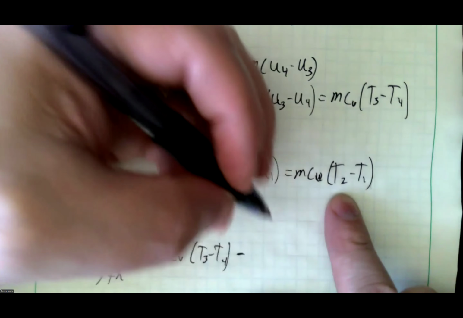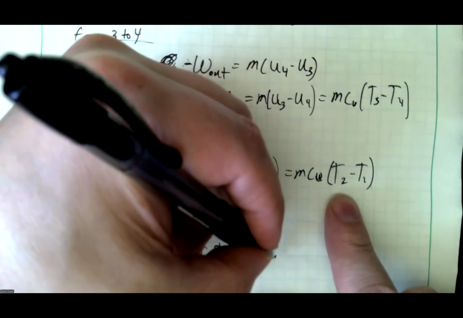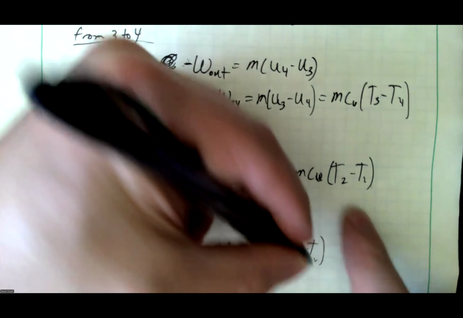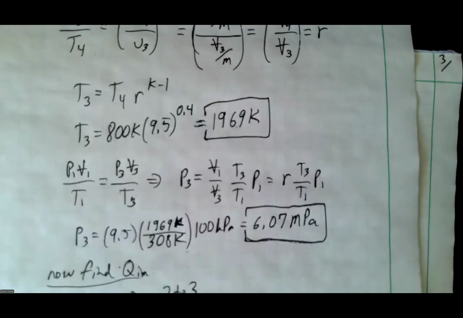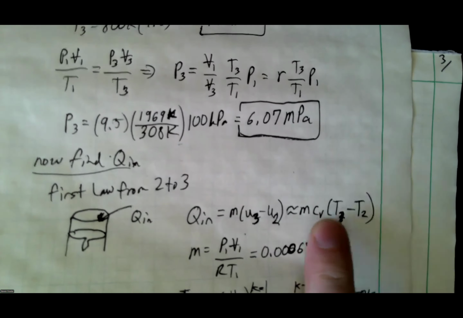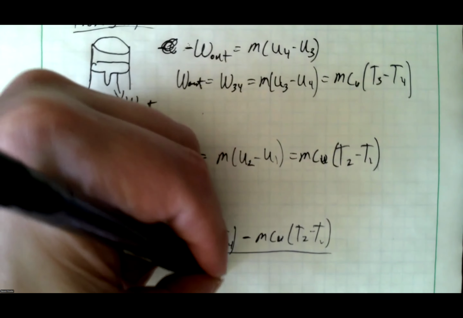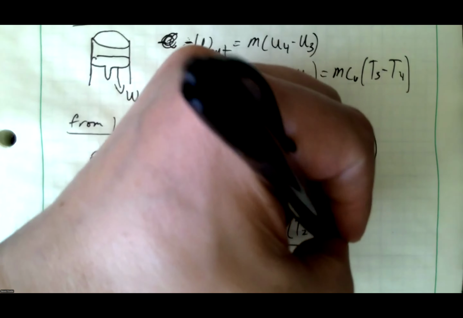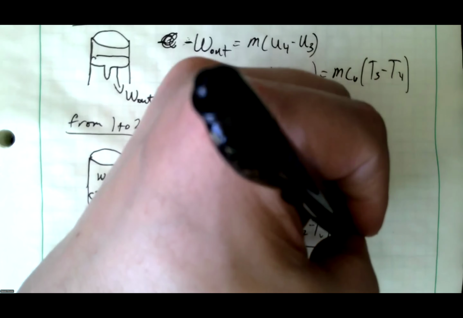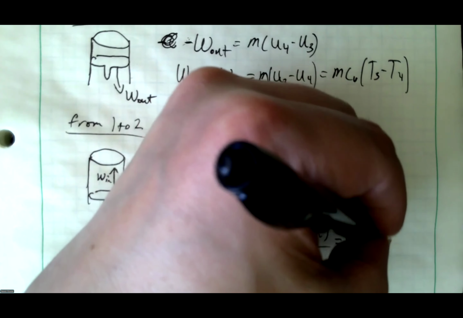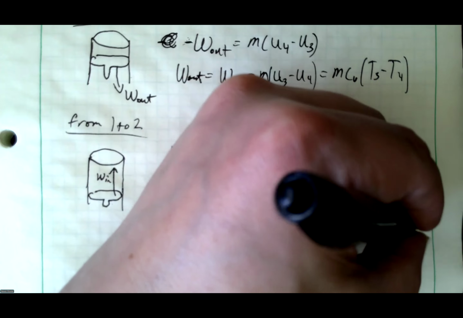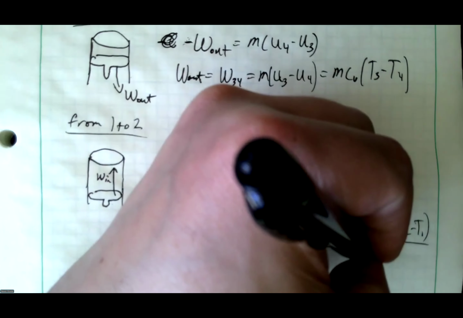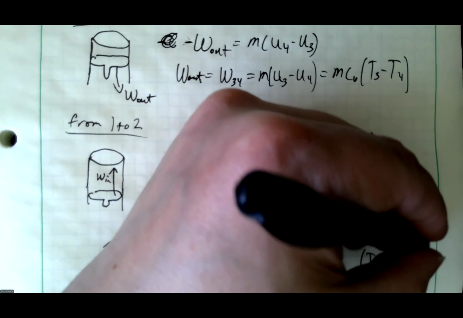It's the net work out, so it's the work out minus the work in, m c sub v times T2 minus T1, divided by the heat in, Q in, which is m c sub v times T3 minus T2. Notice m c sub v is constant and on both top and bottom. So this becomes T3 minus T4 minus T2 minus T1, divided by T3 minus T2.